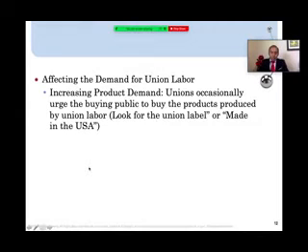When we're looking at influencing or affecting the demand for union labor, they actually do a lot in their power to increase product demand, meaning that unions occasionally urge the public to buy products that are produced by union members or domestic companies, or made domestically, made in the USA, made by an American company in the case of the US, or just in general, make it very patriotic.